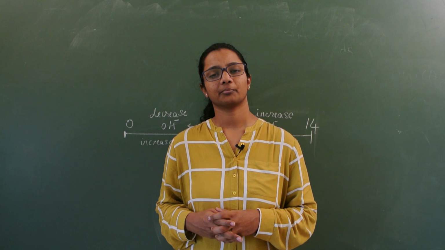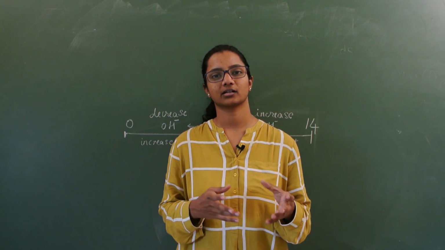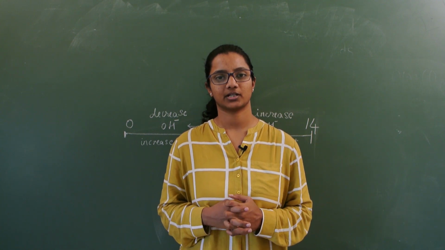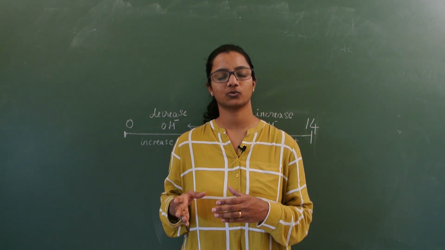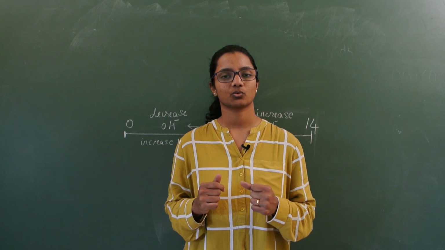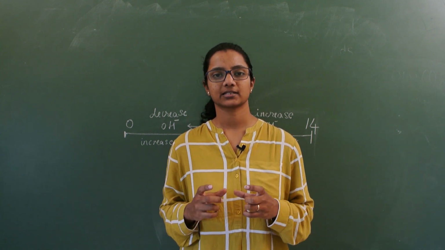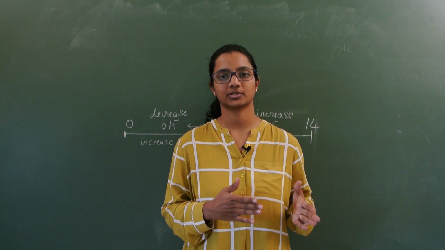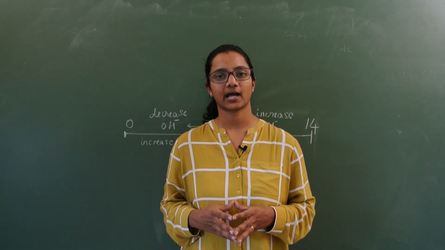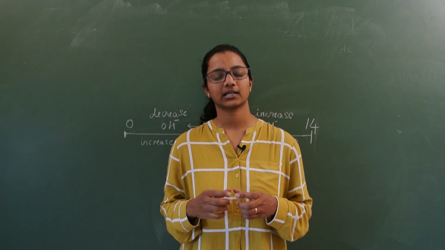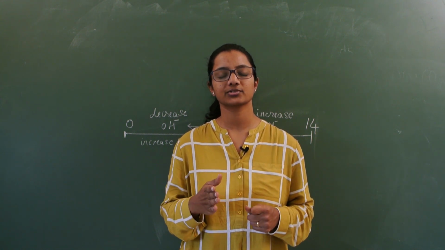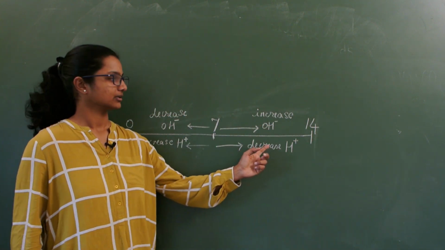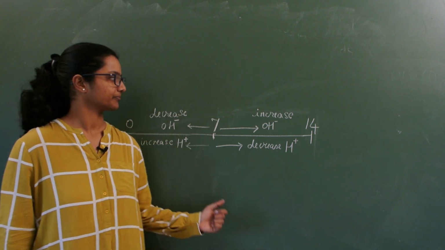So how can you say a particular substance is acidic or basic? It's very simple. It's just a value between 0 to 14. It's a number. When a substance has its pH below 7, from 0 to 7, then it is acidic in nature. And when its pH is above 7 to 14 on the scale, then it is basic in nature.